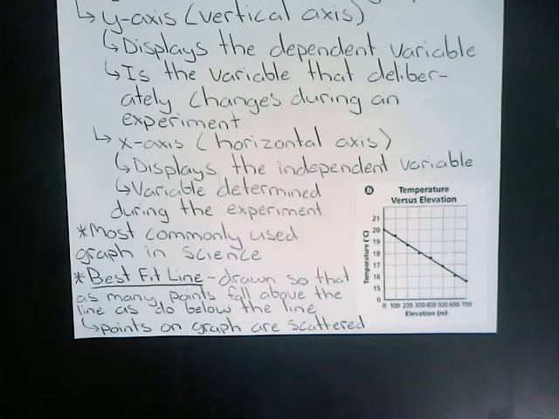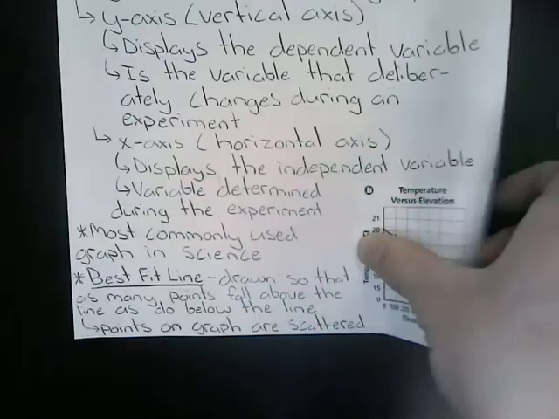Okay, because our line graphs are really important and they're the most commonly used types of graph in science, I want to go into a little bit more detail here about the line graph and what we can do or what we can know about a line graph.